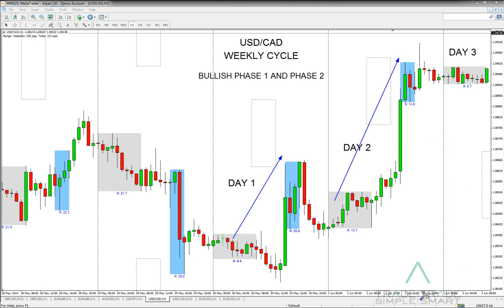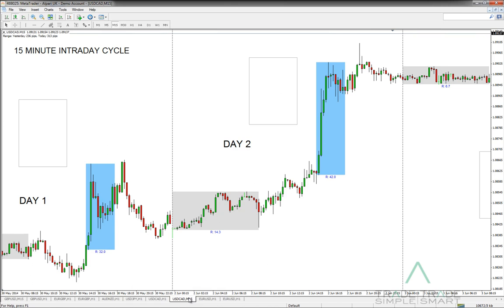So in regards to trading in line with the market maker trend on day 3, we're going to use the exact same strategy that we did to trade the phase 2, and we're going to drop down to our 15-minute intraday chart, and then on the third day we're simply going to look for our manipulation points where retail traders will be induced to sell the market.